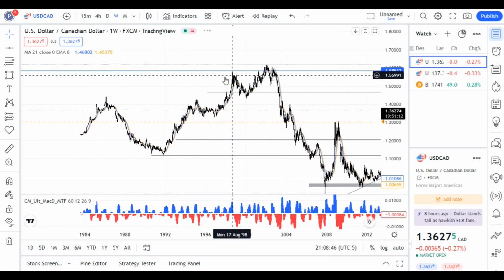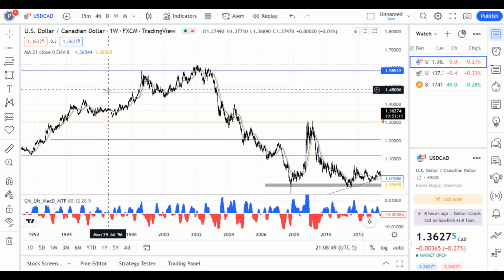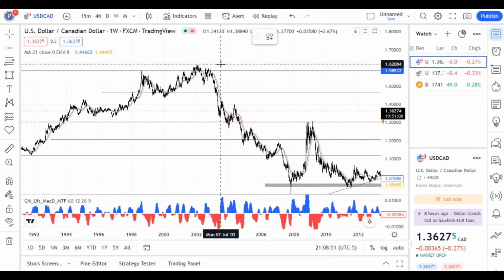We have this one here, and we also have the last end where the market reached. So this is the last high the market has made so far.